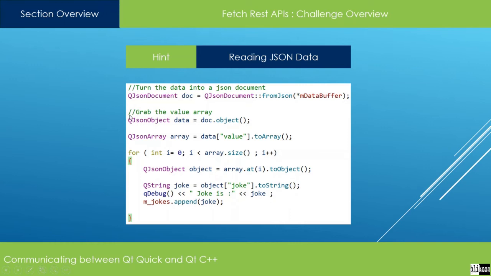We are going to create a JSON object out of that, and we are going to read the value, which contains our array of objects. We are going to loop through the array, capturing JSON objects inside, and we are going to read the joke field in the JSON object, and this is going to be the thing we're going to display in QML. And we are going to add this to our list that is keeping track of the jokes.